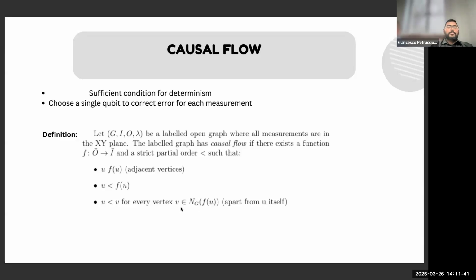This is because all the neighbors of our correction vertex have some pi phase that slides to it. And if that was measured before u itself, then we are going to get measurements affecting outcomes of past measurements, and hence it would not be deterministic anymore.